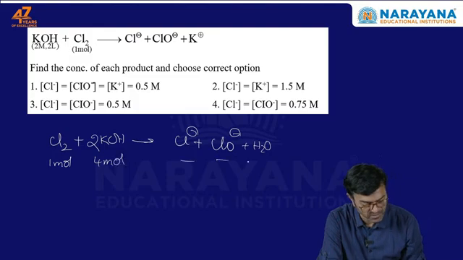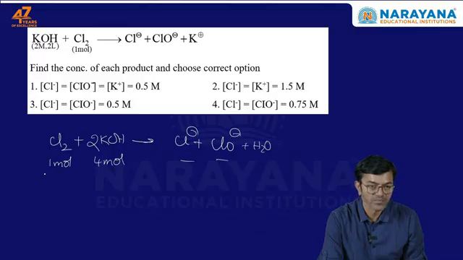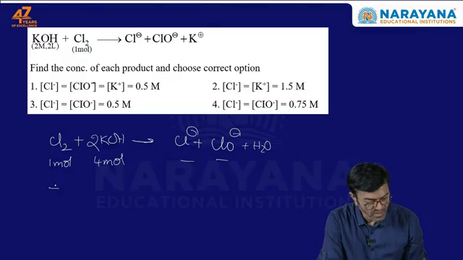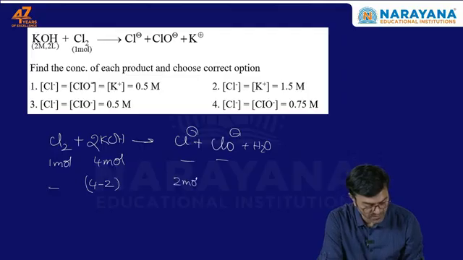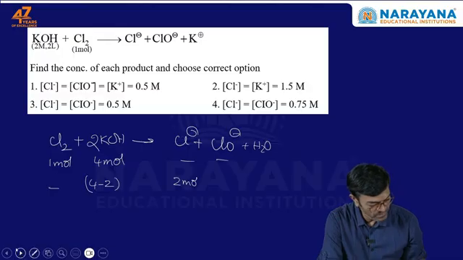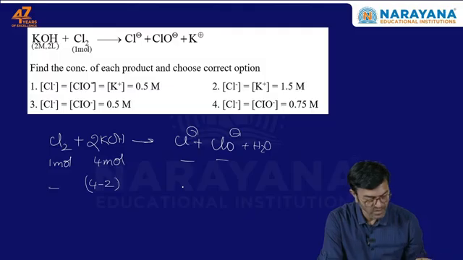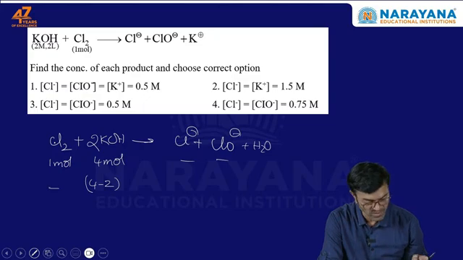This is before reaction. After reaction, limiting reagent is chlorine, so it will be completely consumed. As they are reacting in 1:2 ratio, out of 4, 2 moles will be gone. Here we will be getting 2 moles. Out of 4 moles, 2 moles of chlorine gone, and chlorine and chloride are reacting in 1:1 ratio.